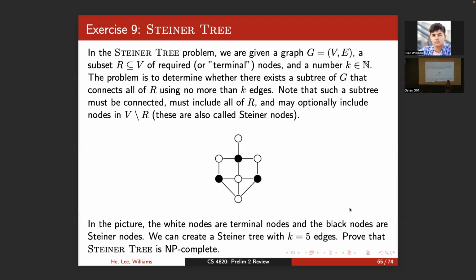Required ones, the black nodes on the picture. So it says the white nodes. It should be the black nodes on some of those.